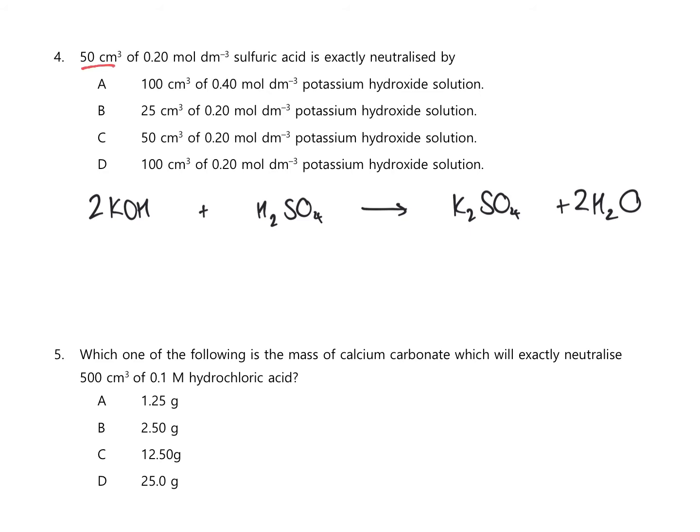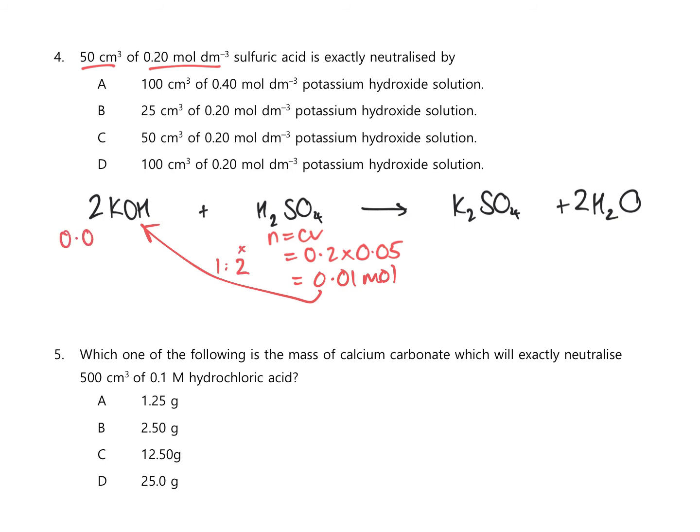So we have 50 centimetres cubed of 0.2 moles per decimetre cubed sulfuric acid. We can work out n equals CV, that's 0.2 times by 0.05, which gives you 0.01 moles. Bringing that over to your potassium hydroxide, the ratio of sulfuric acid to potassium hydroxide is 1 to 2, so we're timesing by 2.